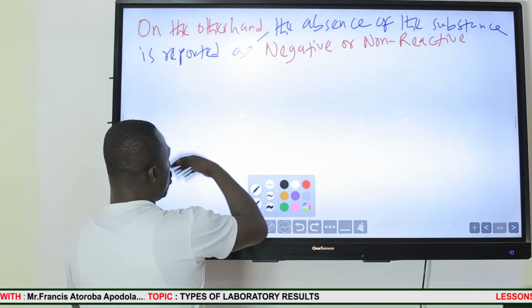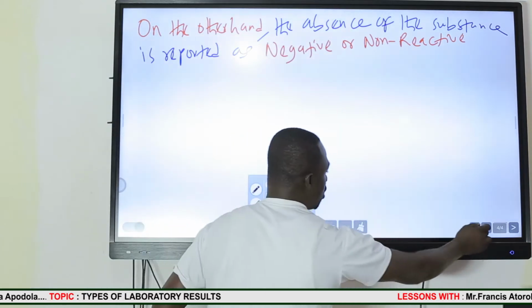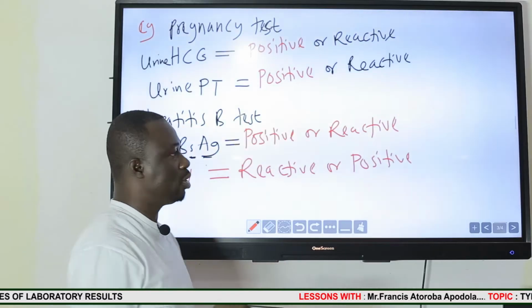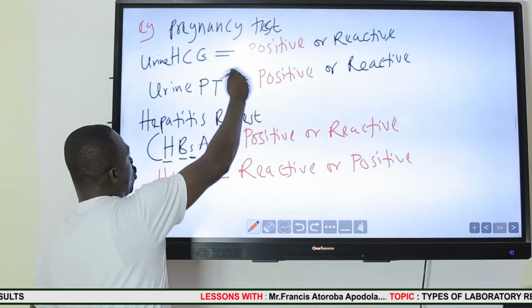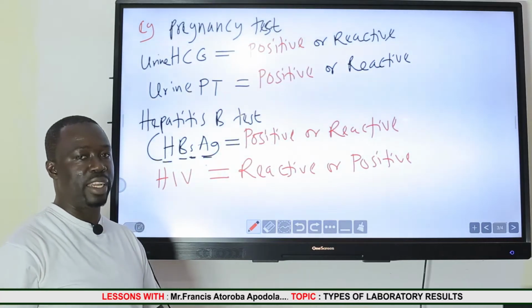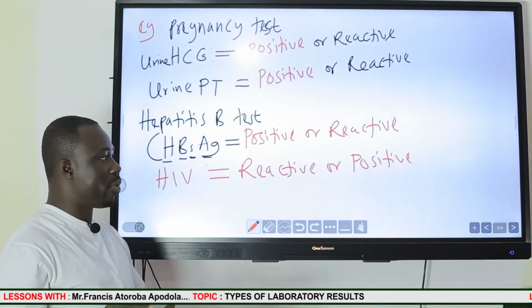So in each of the previous illustrations I gave, for instance, if the HCG, the hormone we test for during pregnancy, were absent, then the test result reported by the lab scientist would be negative or non-reactive.